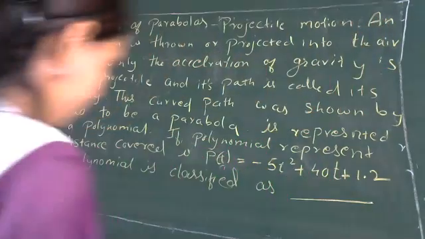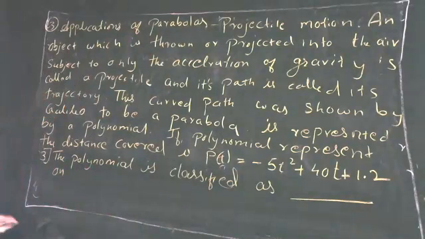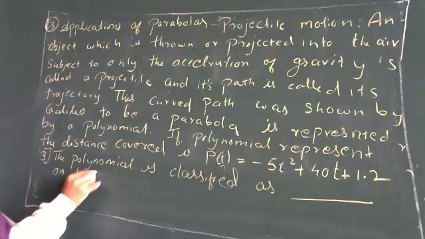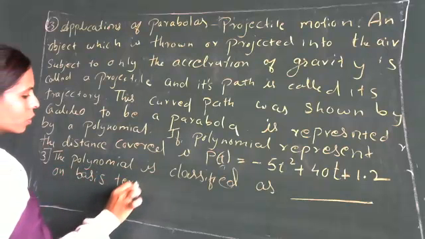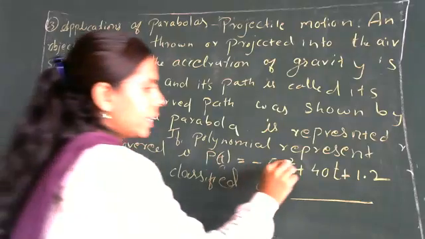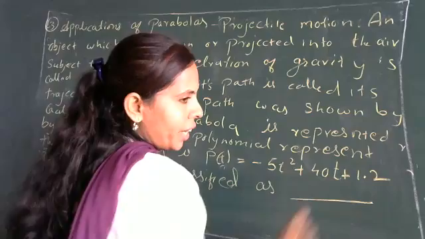Okay, the polynomial is classified as dash on the basis of terms. When we are having a polynomial, it can be classified in two ways: one on its degree, one on its terms. How many terms are there?